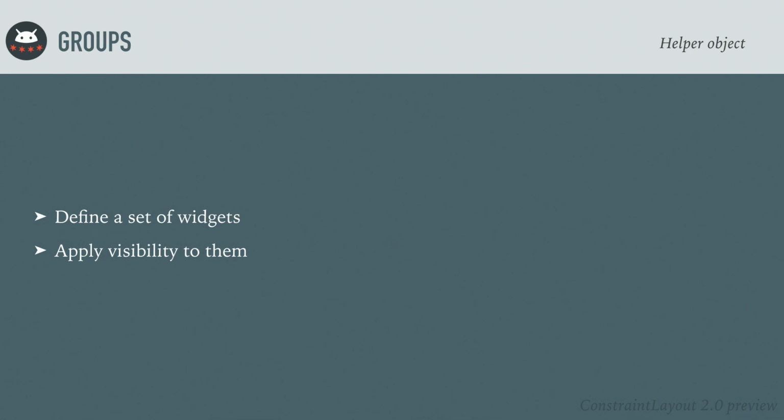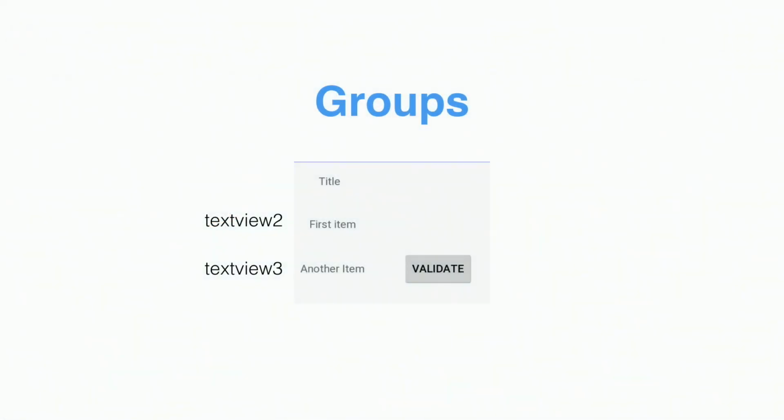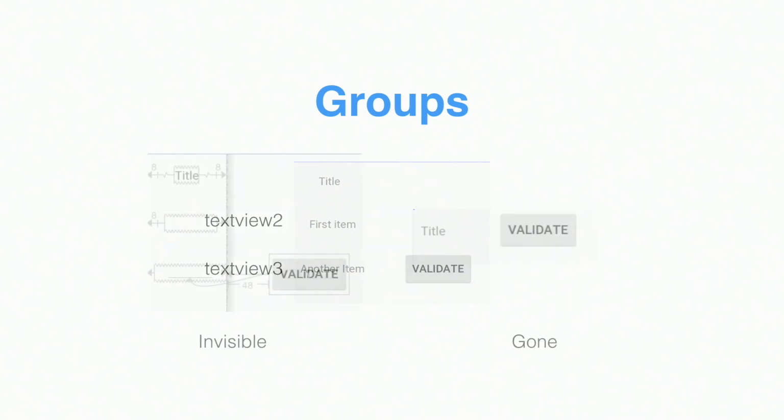You could, of course, do that programmatically, but with group, you can think about it as tagging all your widgets that are in that group, and you can simply call set visibility on the group, and it will apply. So it's nice, and we'll extend it a little bit in 2.0. But fundamentally, you can look at this example where I have those text views 2 and 3. I can mark them into a group.